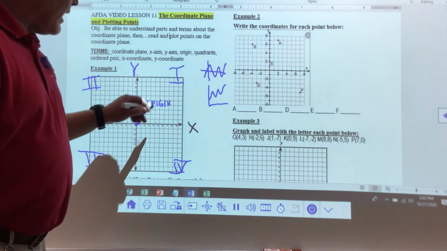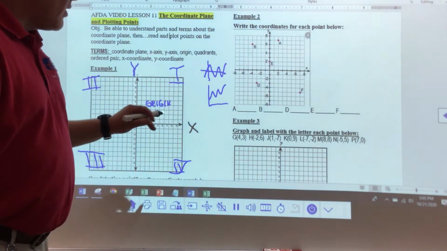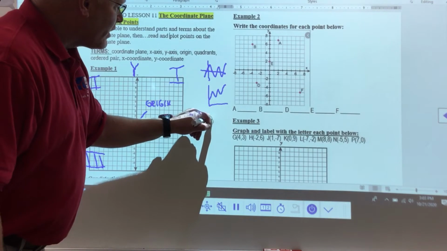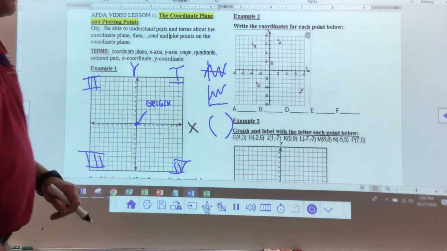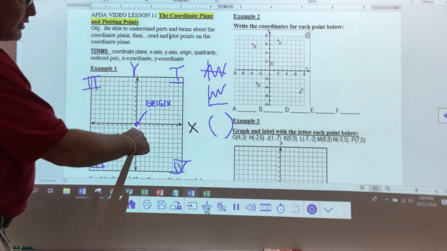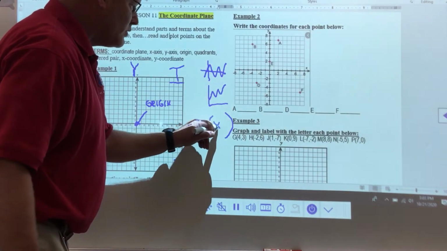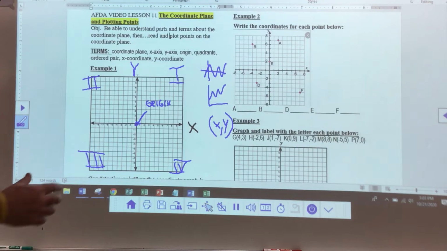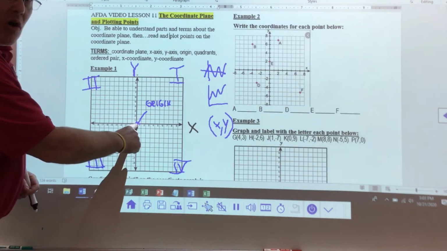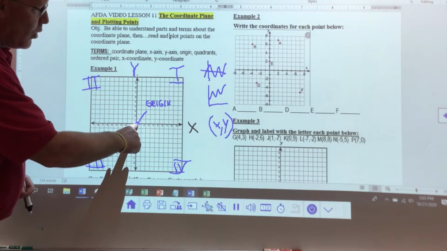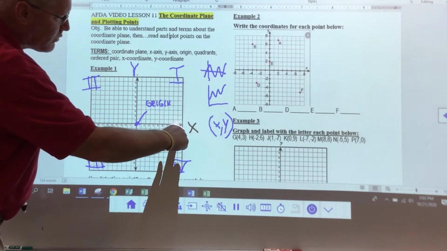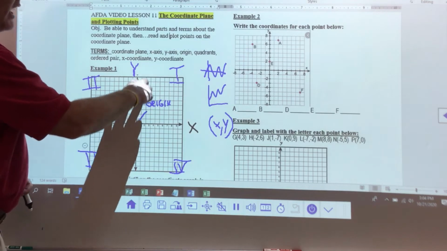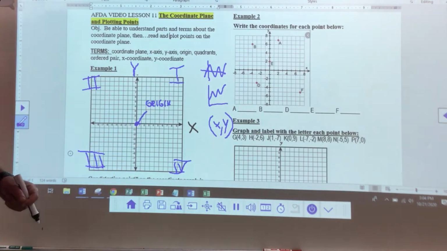With these ordered pairs, we locate things, and they are organized in parentheses. All you have to do is list your x-coordinate first and your y-coordinate second. Where does that come from? You start from the origin, and you go either to the right or to the left on the x-axis, and then either up or down on the y-axis.